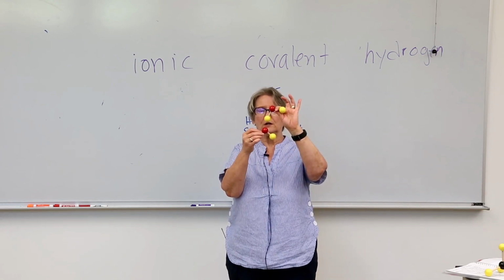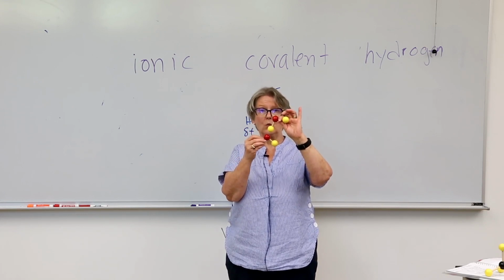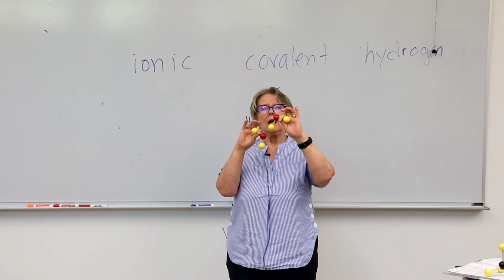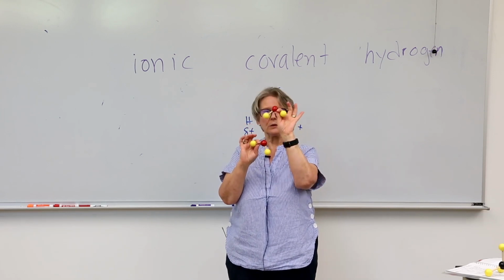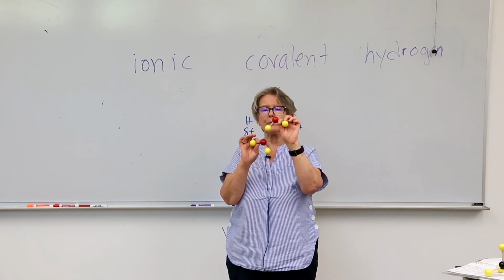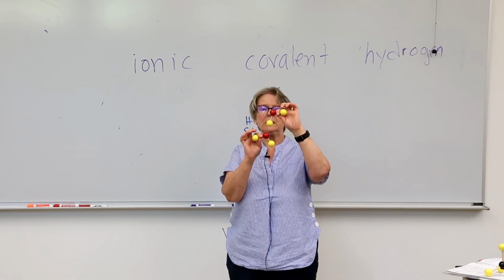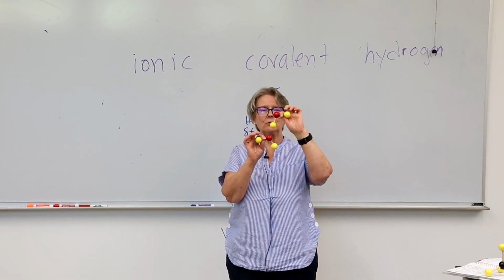So water is polar. Life on Earth depends on water. When Star Trek, when they go looking for planets, they're looking for class M planets, they have liquid water. And you think about water is very weird. This is a really small molecule, but at room temperature, it's a liquid. And it's because each one of these molecules is attached to each other.